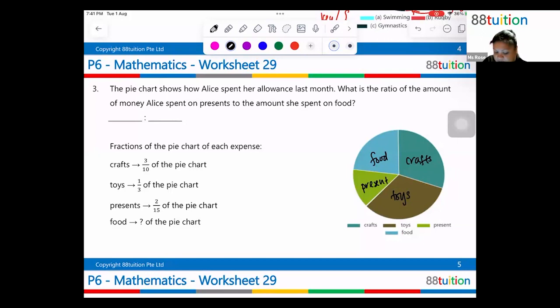So Jeremy says 4 out of 7. Okay, let's have a look. Crafts is 3 out of 10. Toys 1/3, presents 2/15. You want to know what is food. Now, we know that all information given in a pie chart must make one whole, right? So now we have fractions.